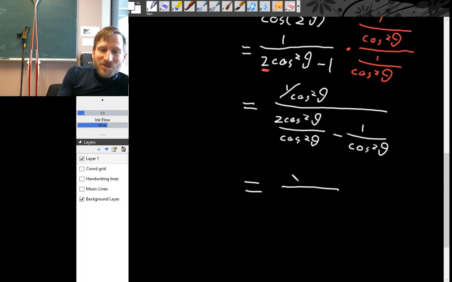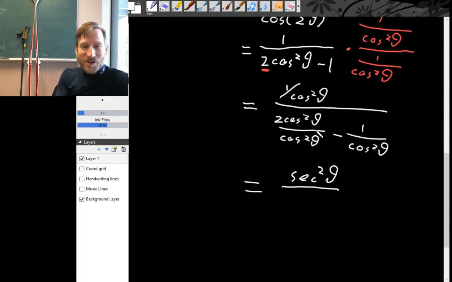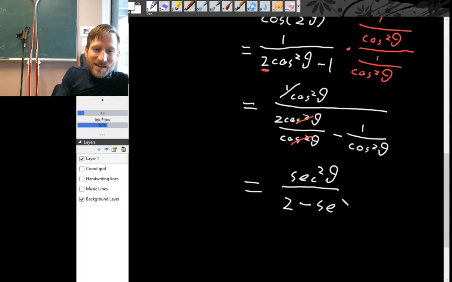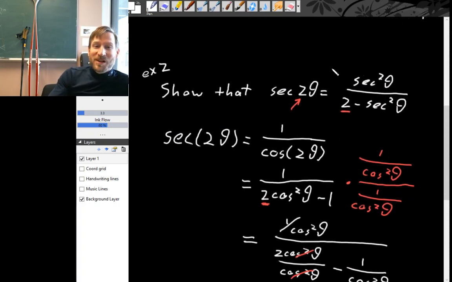So 1 over cosine squared theta in the numerator, that's secant squared theta. And in the denominator, 2 times cosine squared theta over cosine squared theta, the cosines all cancel, and we just get 2 minus, and 1 over cosine squared theta is secant squared theta. And that's what we wanted.